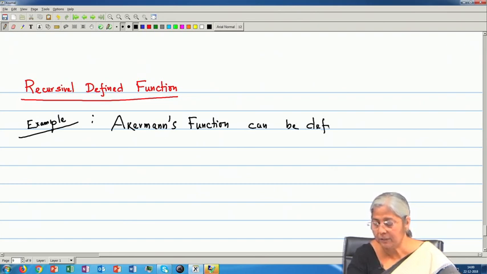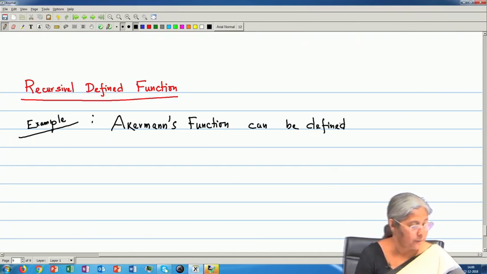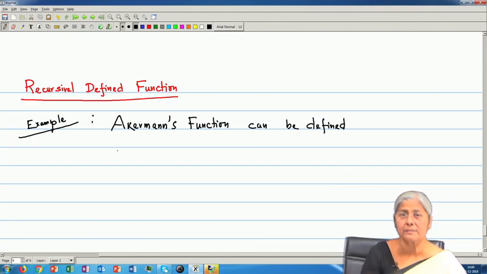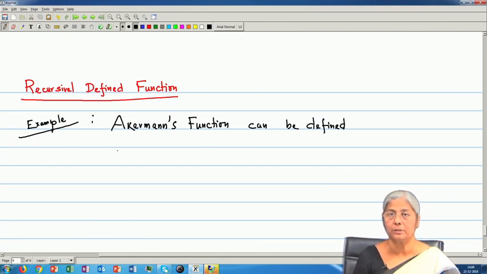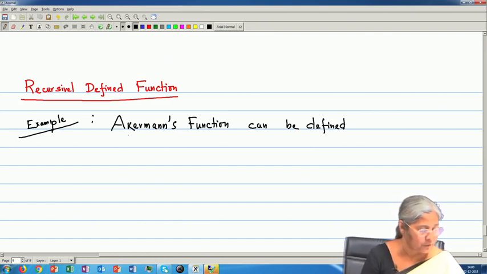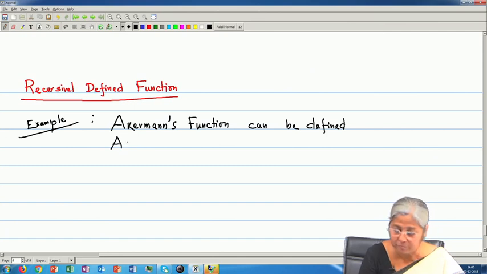This can be defined. This is a simplified form of the general Ackermann's function, and it is defined in two steps.